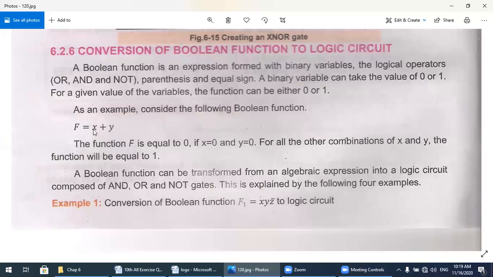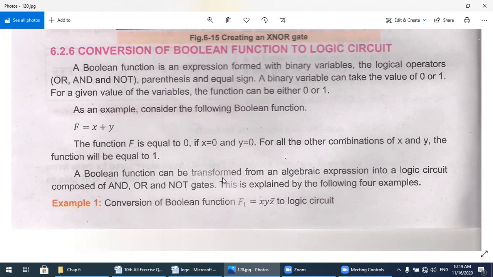Watch here, f represents the function, there is an equal sign, and there are two binary variables, x and y. It is not restricted to two variables; there could be three, four, or five, but your course covers up to three variables.